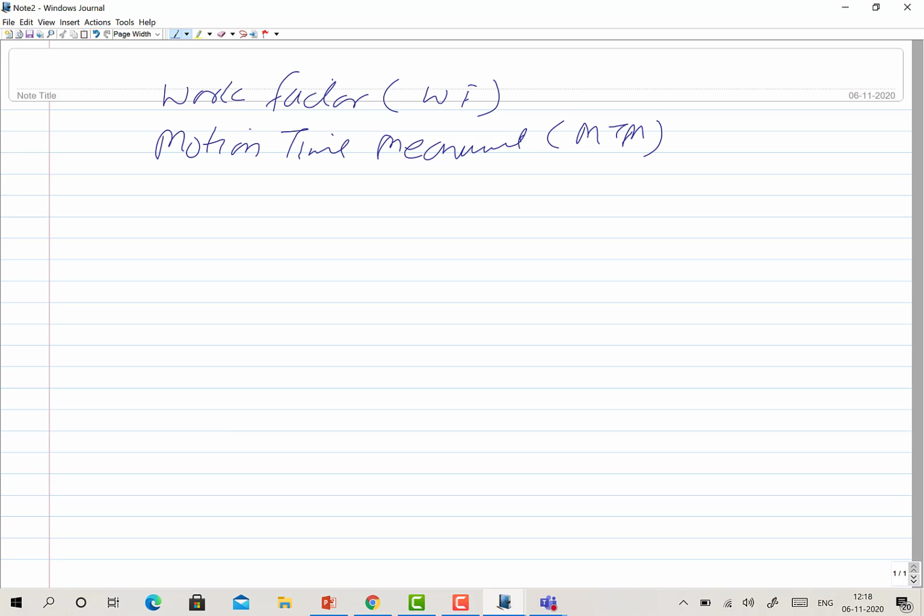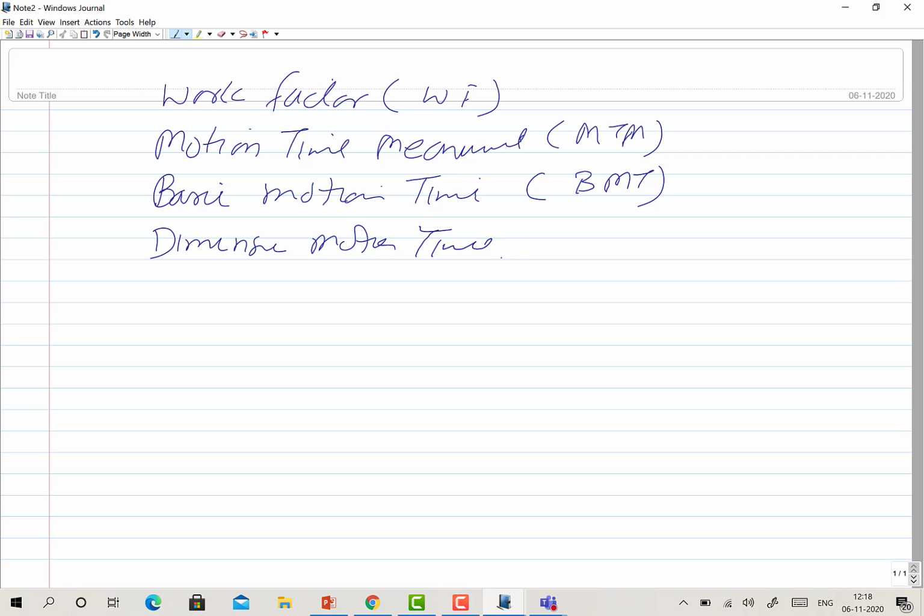Then there is the basic motion time method, known as BMT. And lastly, the dimension motion time method, DMT.